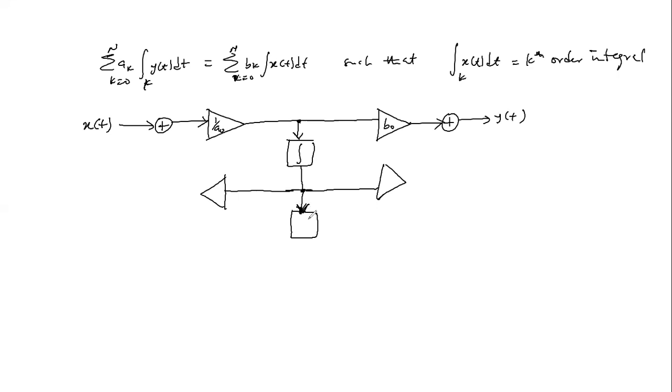So this is 1 over a naught. So this is a sub 1, b sub 1. Then this now goes into this. So these are added by this. This is added here, but these are subtracted, right? So this goes into another block.